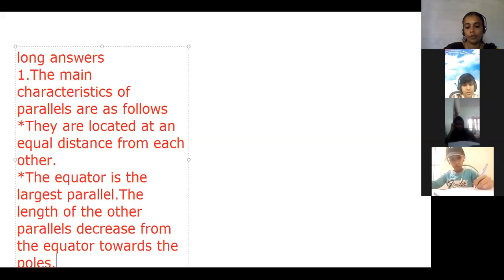Then third point, all parallels are complete circles except 90° north and 90° south, which are points.